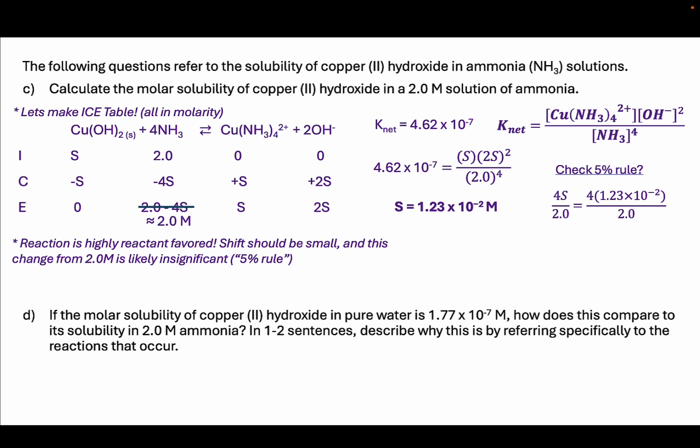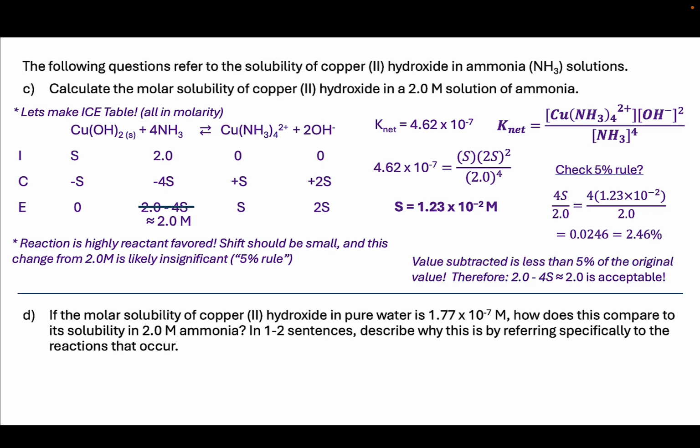We plug in our S, and we end up getting 0.0246, which is 2.46%. And this is okay, right? This is to say that 4S is only 2.5-ish% of the 2 molar that we had originally, and that's less than 5%, and this approximation is acceptable. If you want to go about solving this as the more complicated form, you can do that as well. Your answer won't be very different.